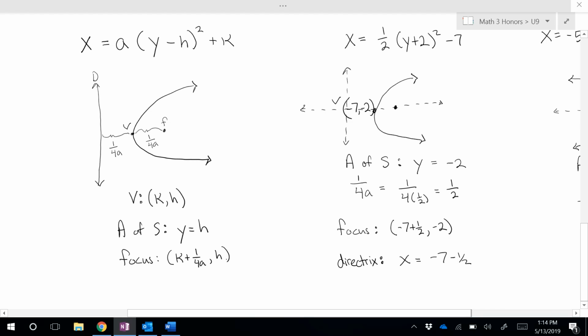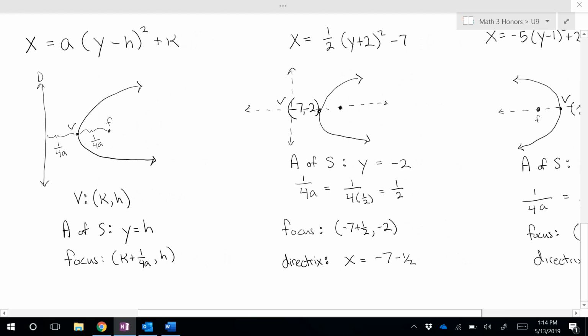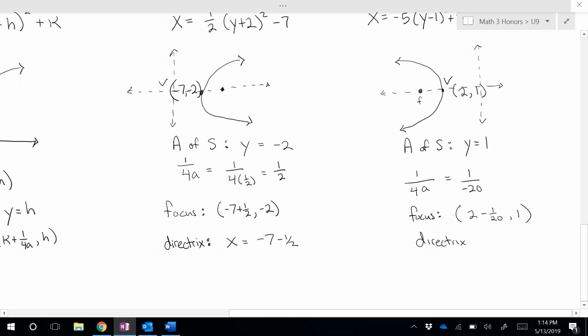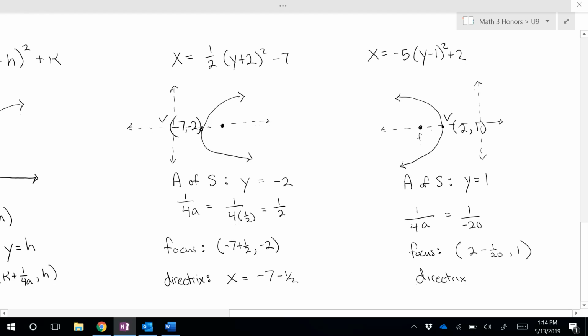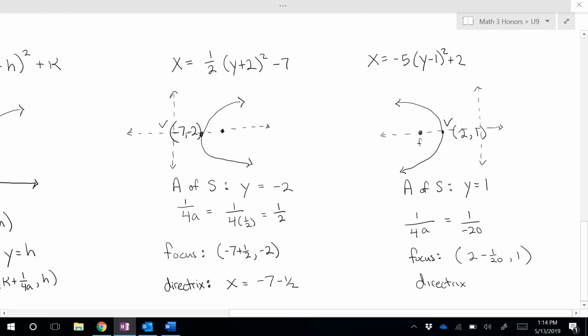But in general, it's 1 over 4a. So here, 1 over 4a is negative, so it's going to be 2 minus 1 over 20. Which should make sense here because I want to move to the left, so you want to subtract. So make sure your picture makes sense with what you're doing here. Don't just rely on the formula. And then our directrix should be x equals what? 2 plus 1 over 20. Okay, good.